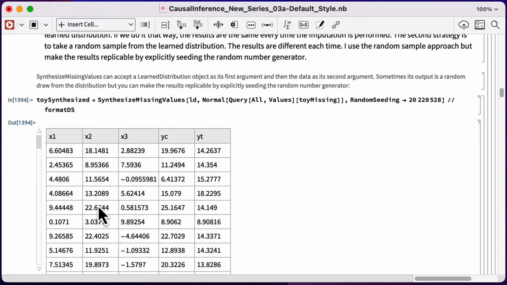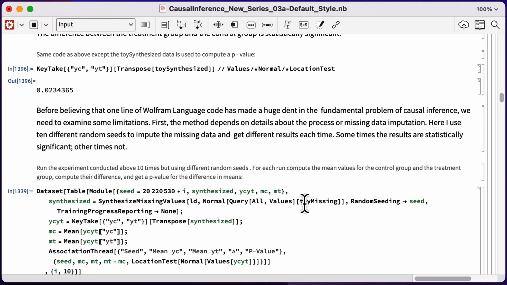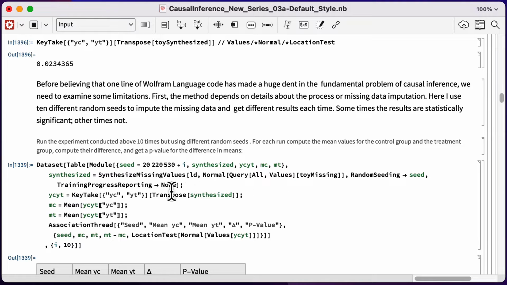So in some sense, one line of Wolfram code appears to have solved the fundamental problem of causal inference. That's a bit of an overstatement. And in fact, I wouldn't say I rigged it, but I certainly helped it along.